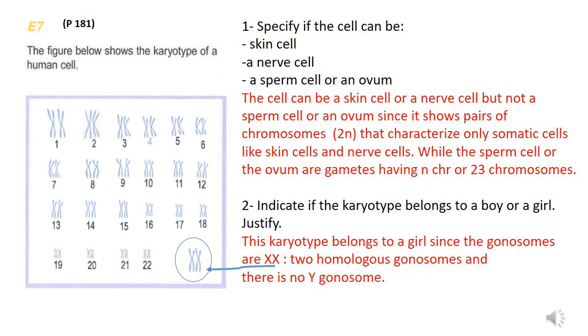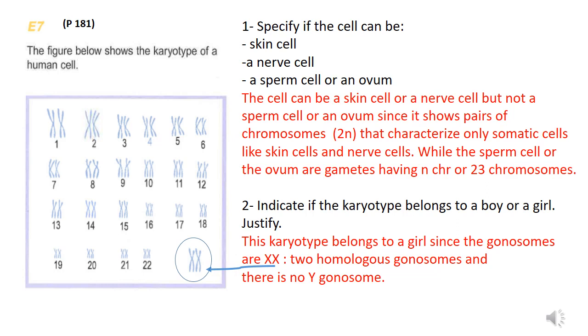Why? Since, as you see, the karyotype shows pairs of chromosomes, which means 2N, that characterize only somatic cells like skin cells and nerve cells. However, the sperm cell and the ovum are gametes having N chromosomes, or 23 chromosomes.